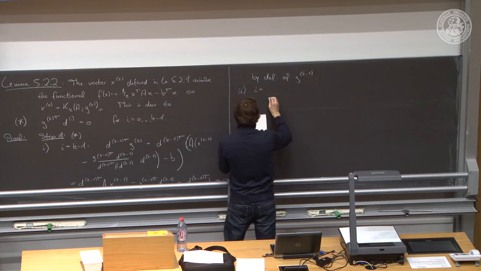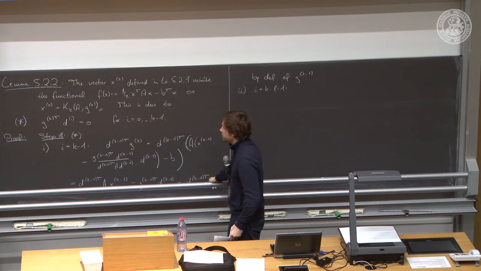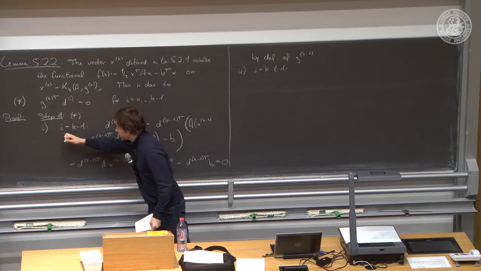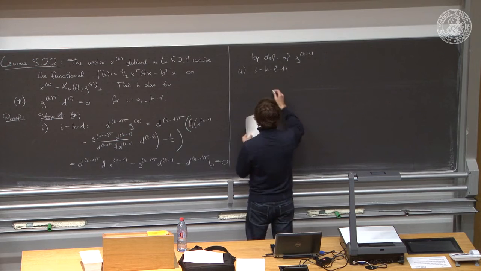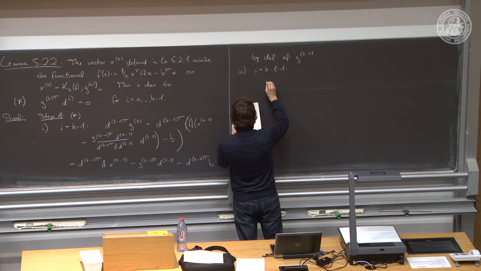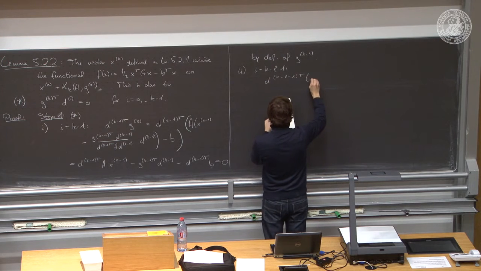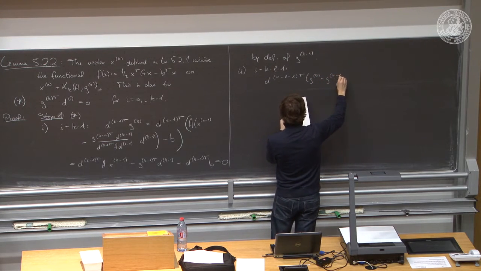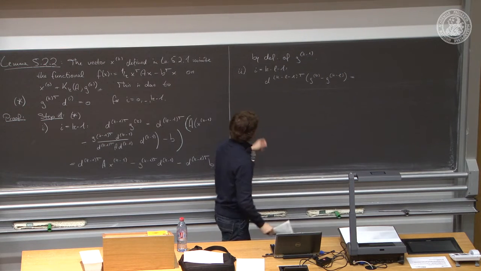So the next step is to show this orthogonality result for components i that are less than k minus 1. For this, we are looking at d_{k-l-1} transpose times g_k minus g_{k-l}.